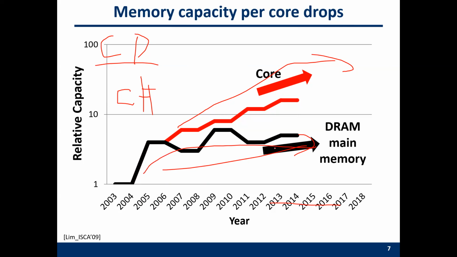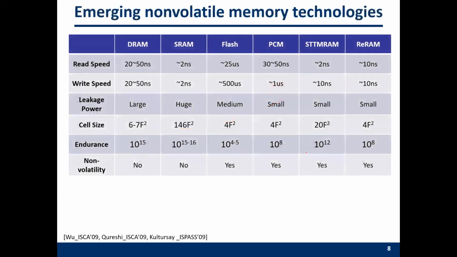The result may not be increasing every year. So sometimes you even have a decrease here. Then we need to look for some alternative technology to the DRAM.